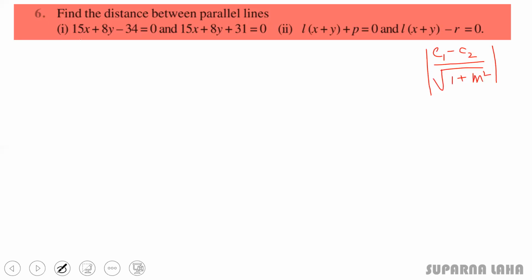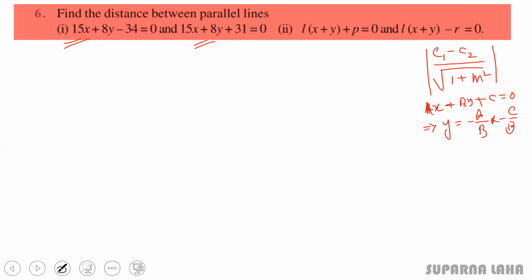Now look at here. Here the general equation is given. So if the general equation is given, you know how to write down the values. If the general equation is ax plus by plus c equals to 0, then we can write this equation as y equals to minus a by b x minus c by b.